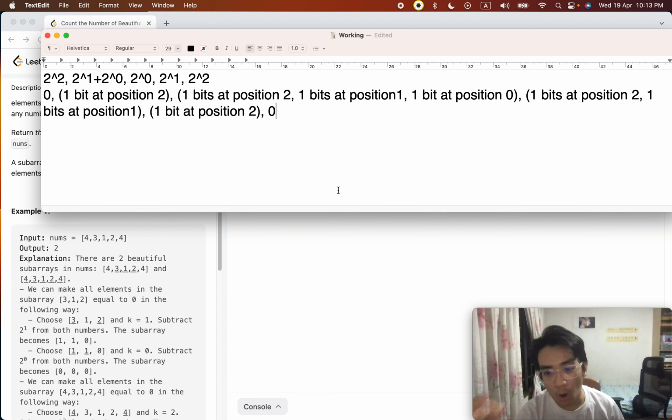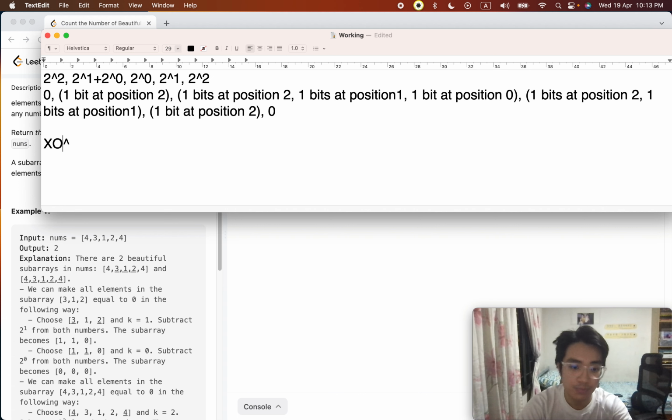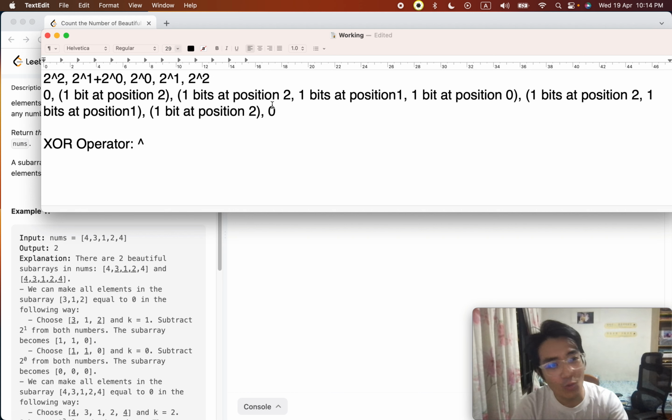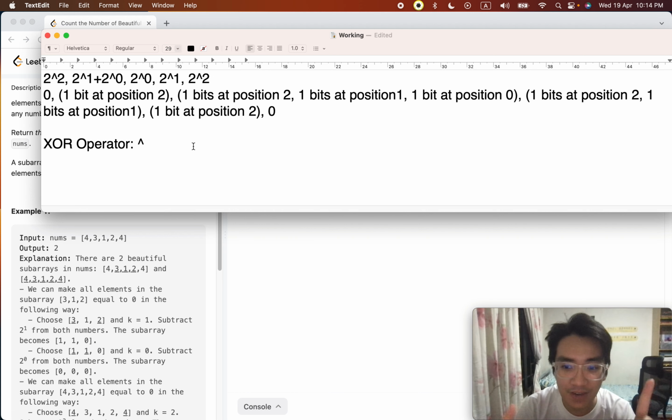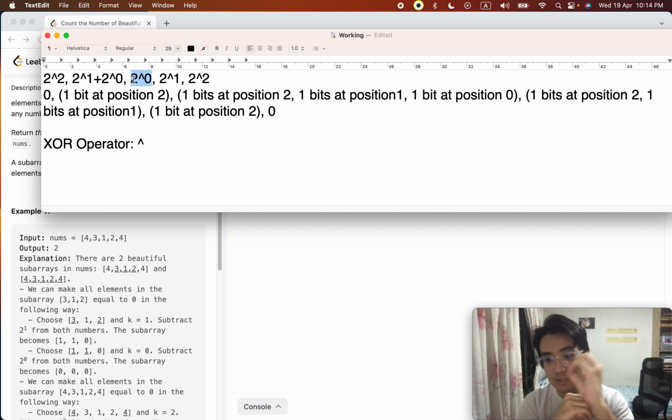So the key operation that we need to understand apart from this is the XOR operator. So what does the XOR operator do exactly? What it does is that it finds the bits which are similar and it reduces them to 0 if they exist in both cases. So if in both cases it's 0, 0, which means that the bit does not exist, so there's no power of 2 there.